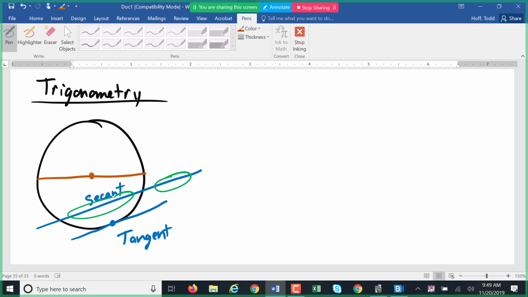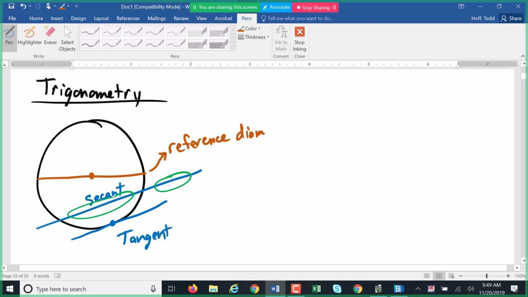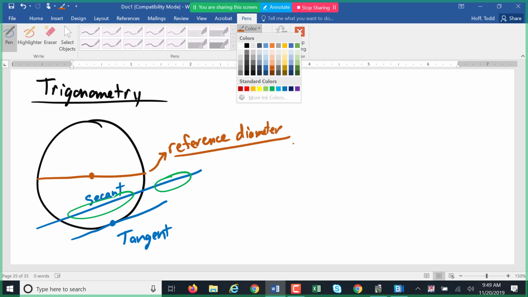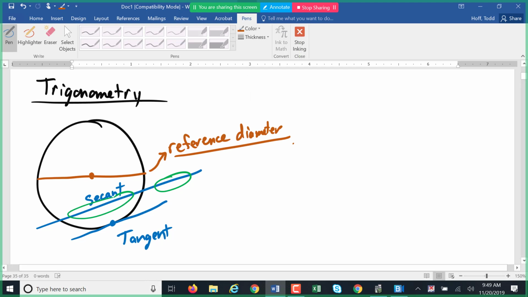A diameter is just a chord that goes through the center of the circle, making it 2 radii. But there's a special diameter that we're concerned with called a reference diameter. The reference diameter is typically the horizontal diameter, but it could be the vertical diameter or whatever.